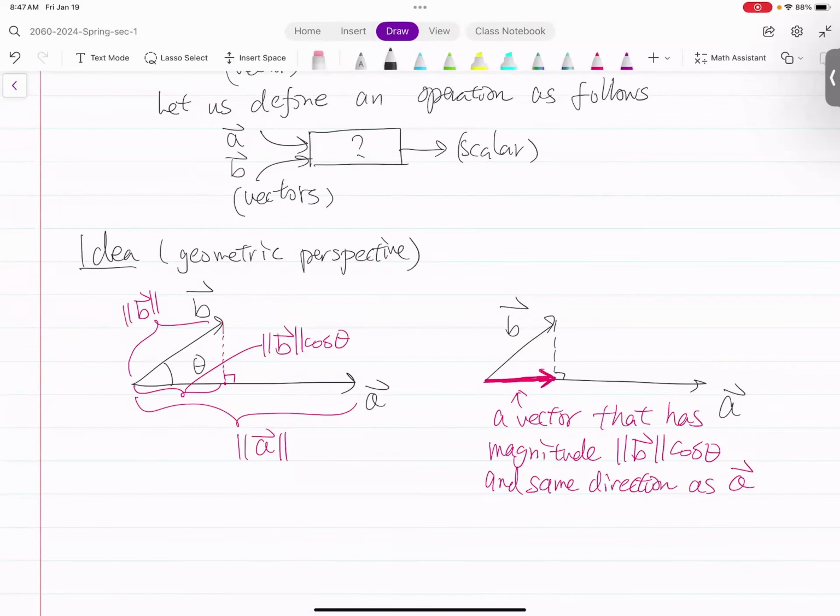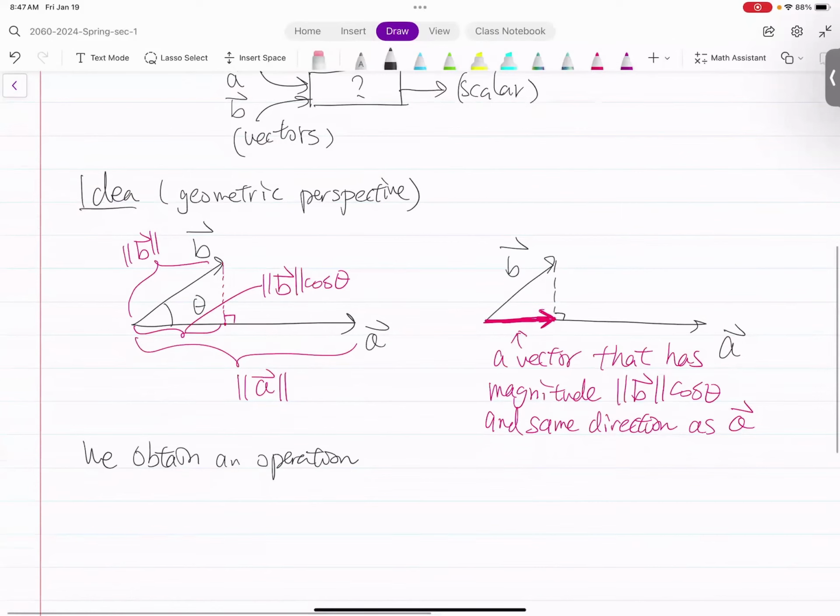And here we define the dot product. We obtain an operation as follows. It's going to be called the dot product.